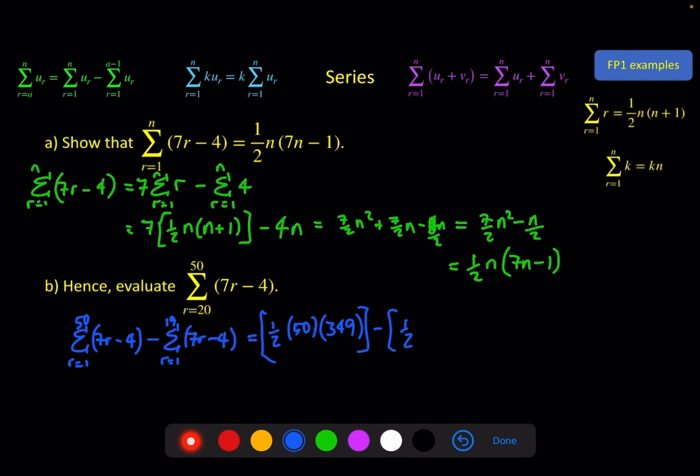Minus a half times 19 times 7 times 19 minus 1. I am going to have to go and get my calculator to get this final answer. So this is 132. And then if you put all of this on your calculator, the answer you should get is 7,471.